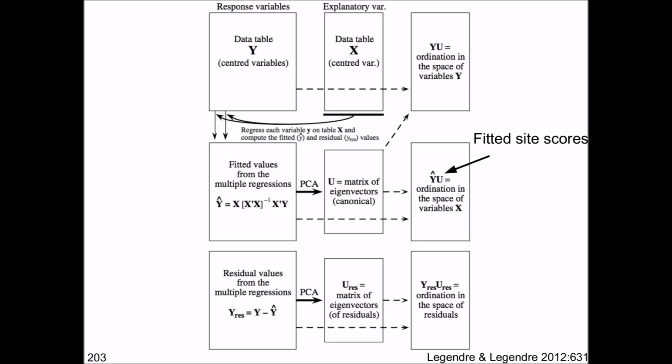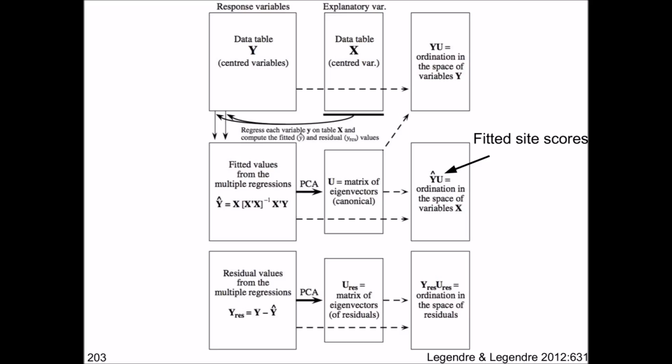Then we take this and run a PCA on it and obtain the matrix of eigenvectors. With this we obtain the ordination in the space of variables if we use the eigenvectors in conjunction with the fitted values from the multiple regression.